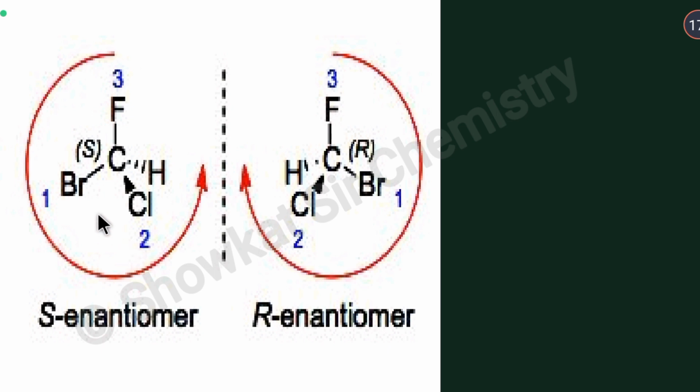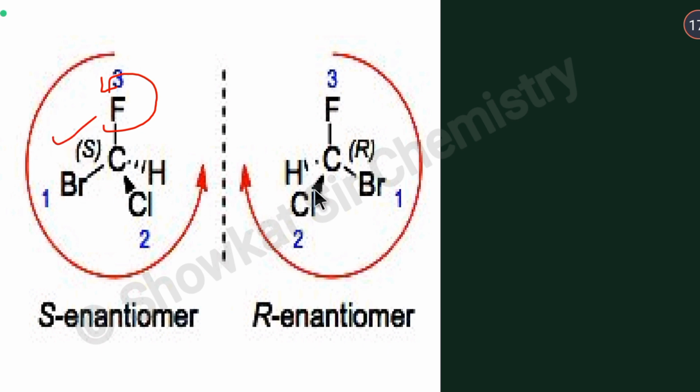This is one of the enantiomers given here. This is priority number 1, 2 and 3. As I told you, the higher the atomic number, the higher the priority. So 1, 2, 3. Now how do I rotate? 1, 2 and 3. So I rotate just like this, 1, 2 and 3. So that means our eye rotates in the anti-clockwise direction, that is left, that is sinister, S, right?